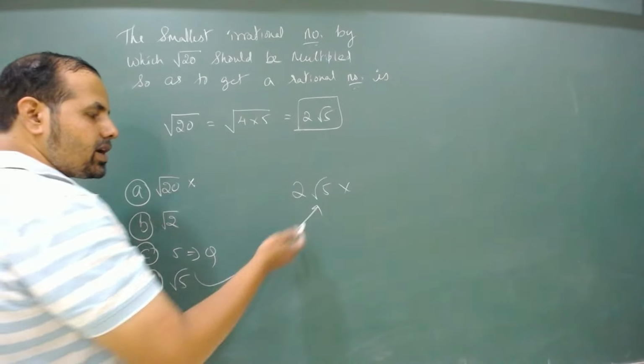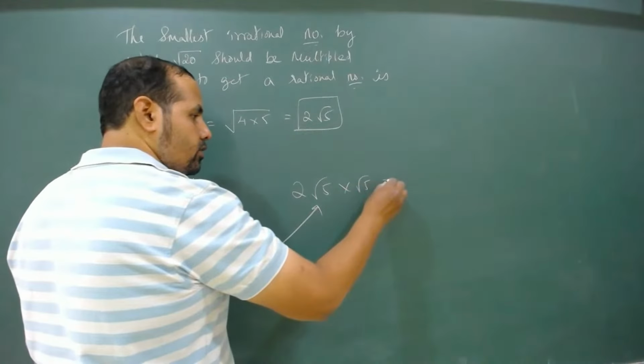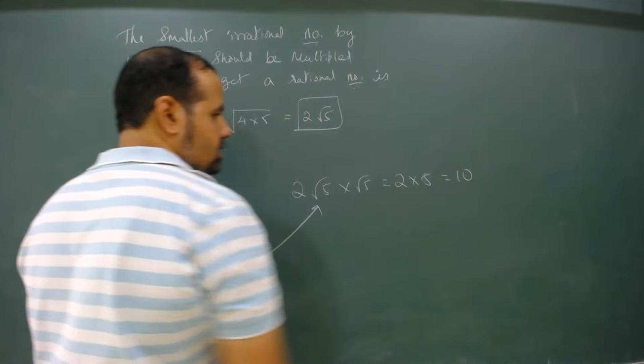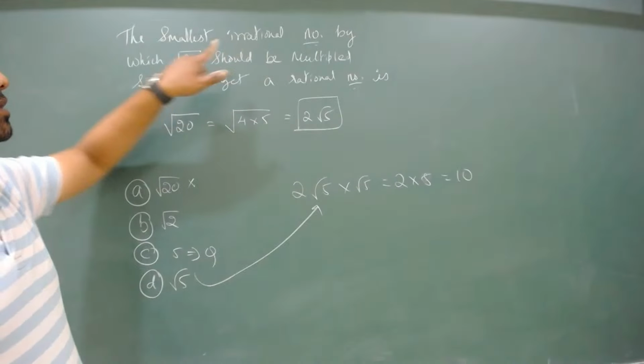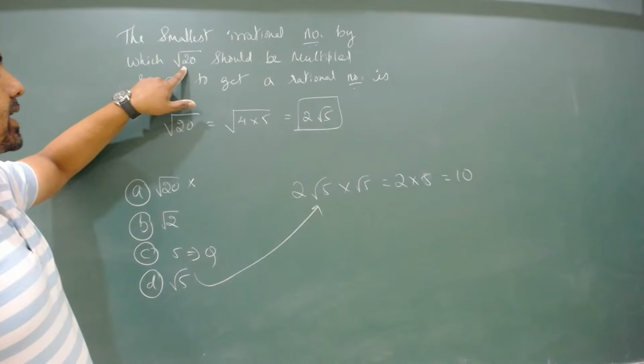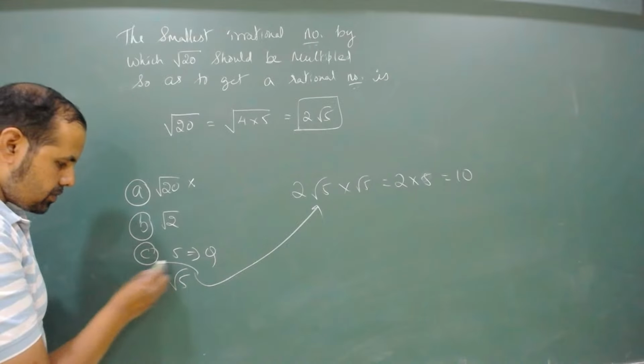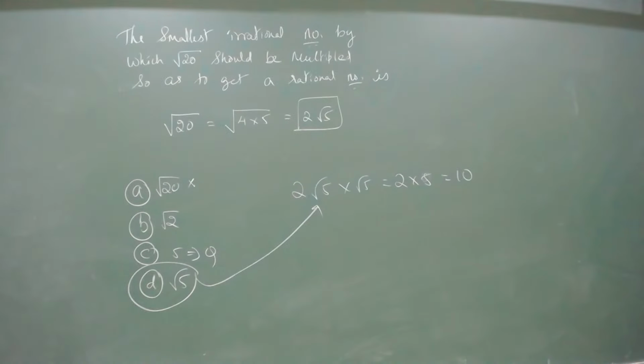So when I multiply 2 root 5 with root 5, what do I get? Rational. Therefore, the smallest number by which root 20 should be multiplied to make it rational is option B. Make a note, this is a concept based on class 9, not exactly like class 9.